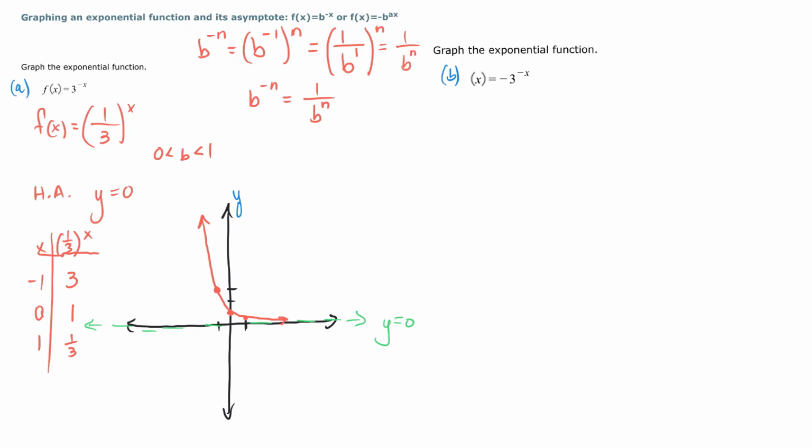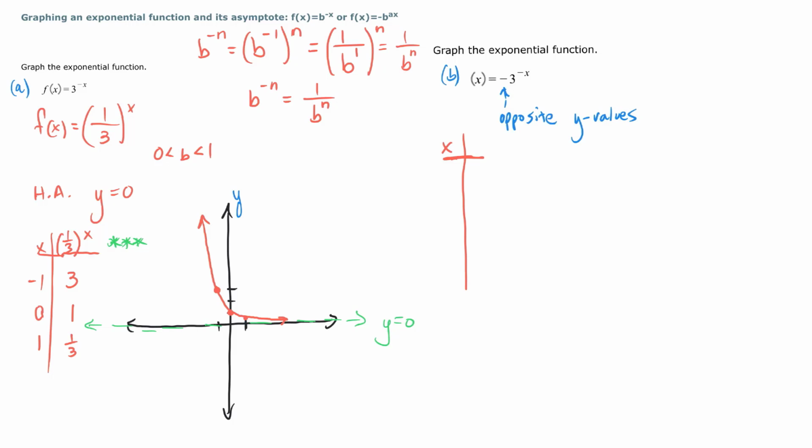Now, part B is a transformation of part A. It says take all the y values and make them their opposite. Okay, this says take the opposite y values from part A. So if you look at the opposite y values from part A, I'm going to take that t-chart and relabel things.